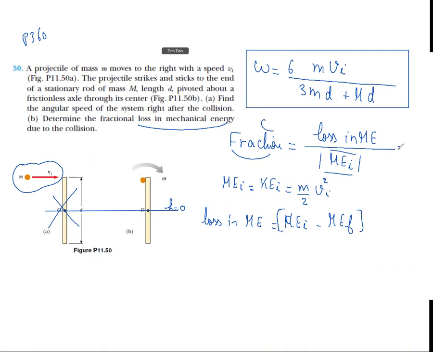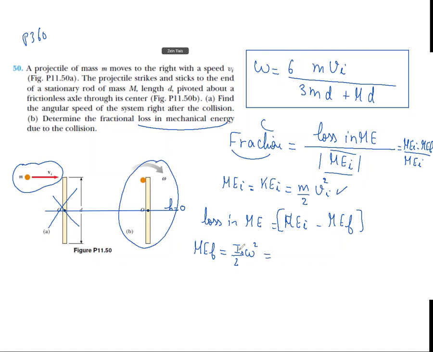So here we have to put mechanical initial minus mechanical final divided by mechanical initial. This one is the mechanical initial. What about mechanical final? We have a pure rotational motion. So we have I over 2 omega square of the system just after the collision.